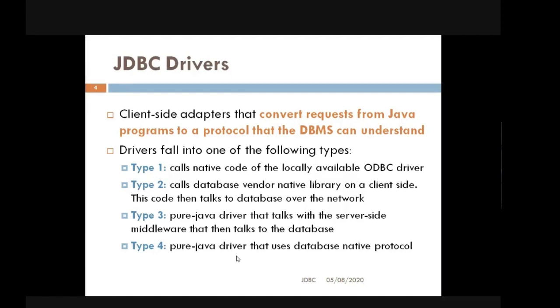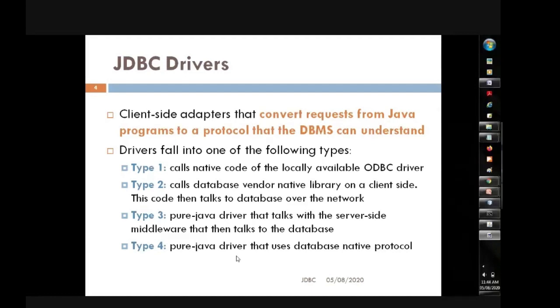Whereas you have a type 2 driver also, where the vendor specific library will be there. Okay, so different databases will be provided by different vendors. The vendors themselves will be providing the database calls or methods corresponding to the different queries.